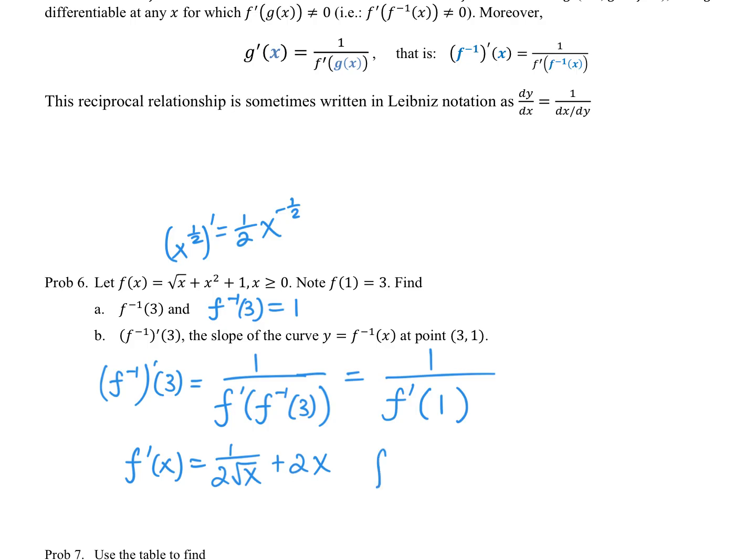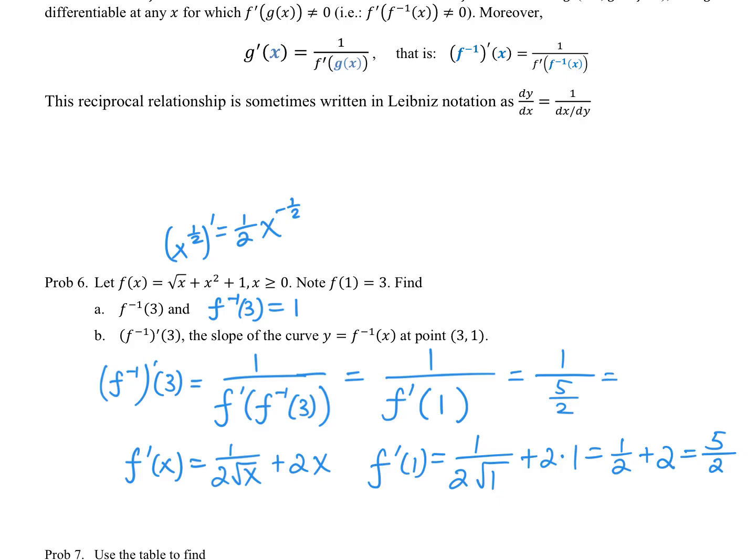So therefore, f prime of 1 is equal to 1 over 2 times square root of 1, plus 2 times 1, which is 1 over 2, plus 2. And by the way, this is 5 over 2. So therefore, this is 1 over 5 over 2, which is 2/5.